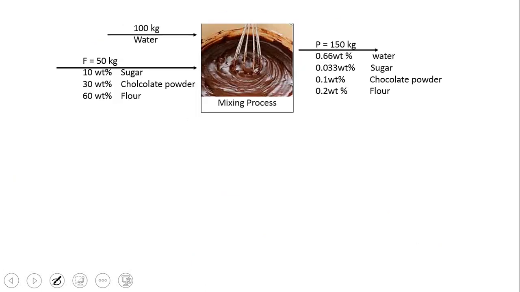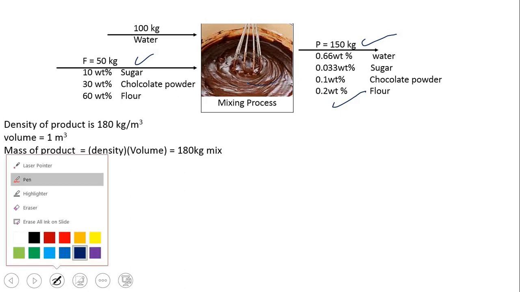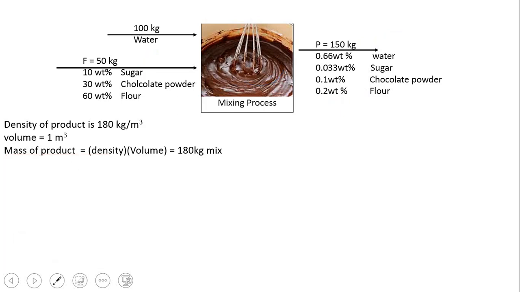So let's say after you have taken a basis and solved the system, we have found all the compositions. Let's say you want to change the density of the cake powder after you've combined the 100 kilogram of water with 50 kilogram of water.